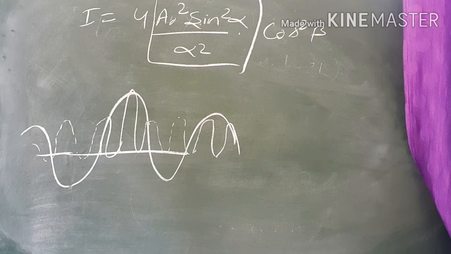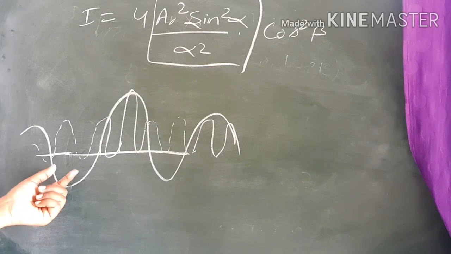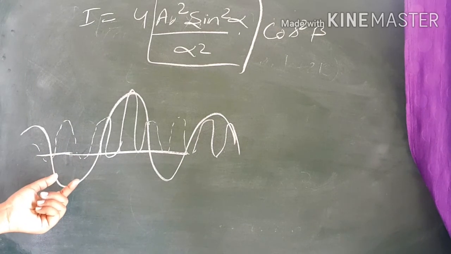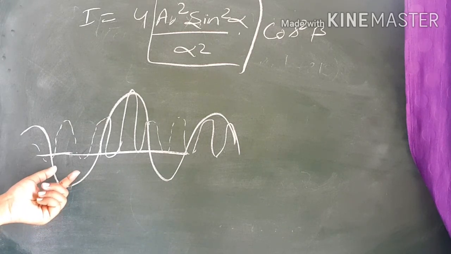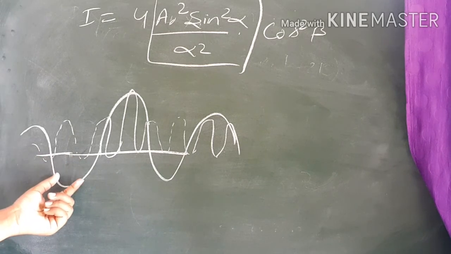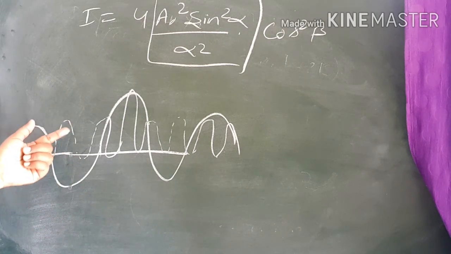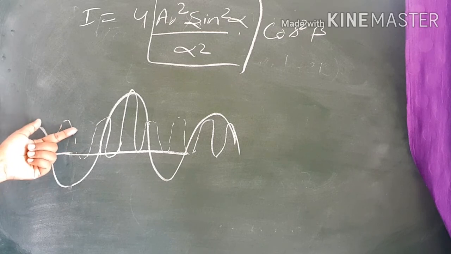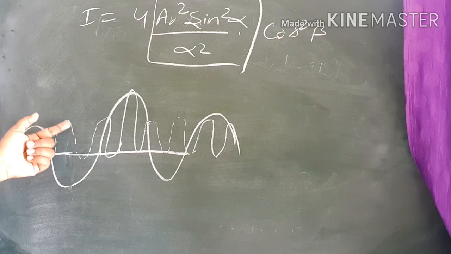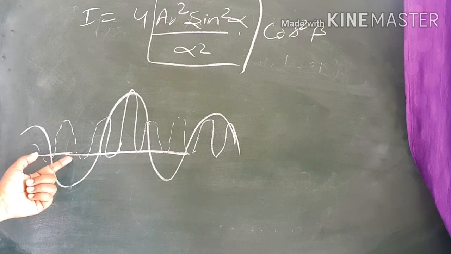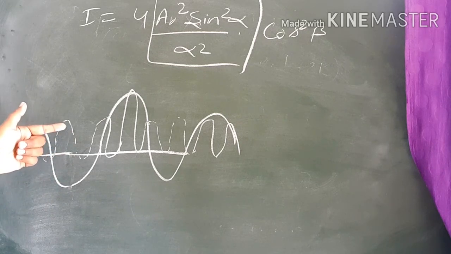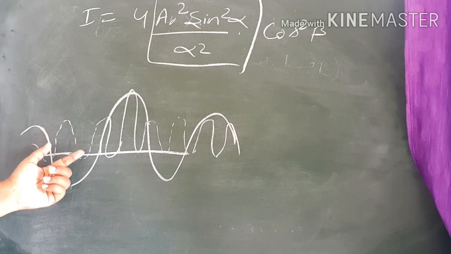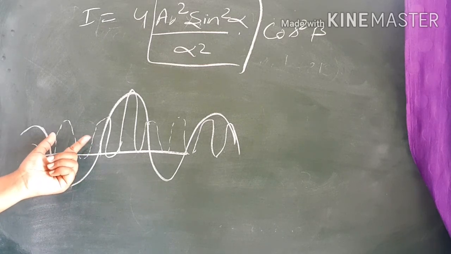If at any angle the condition for minima of the diffraction and maxima of the interference are satisfied simultaneously, then these interference maxima are missing.